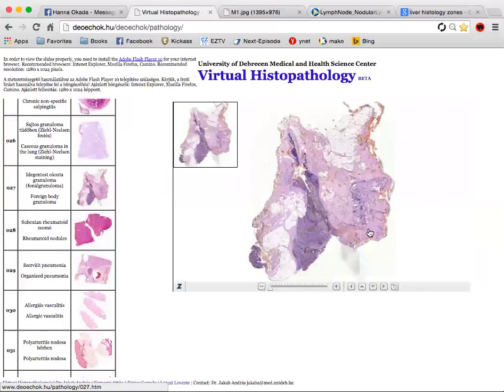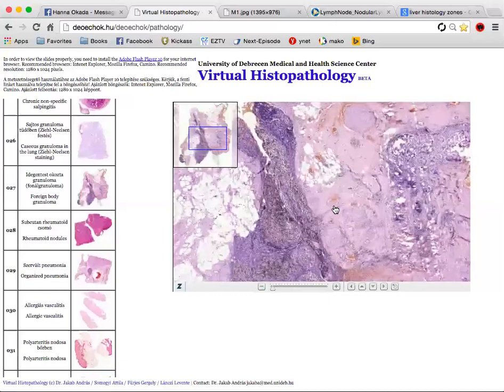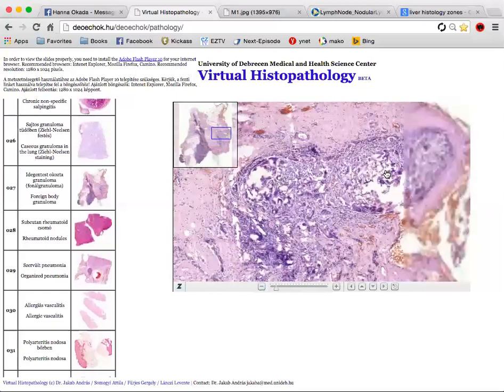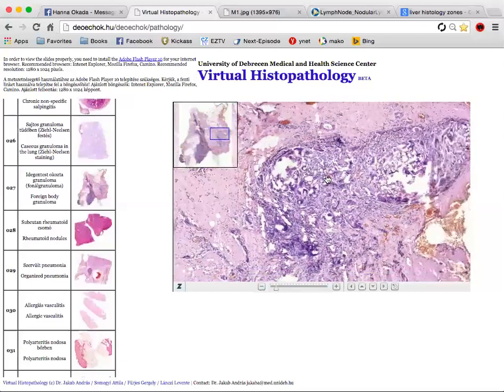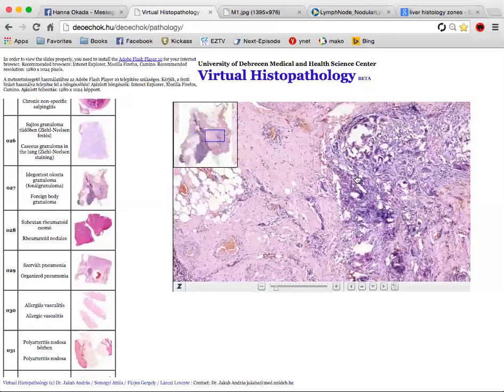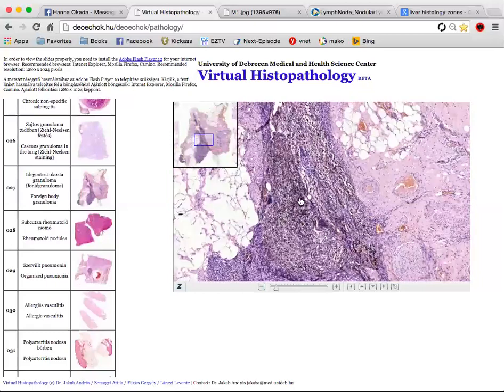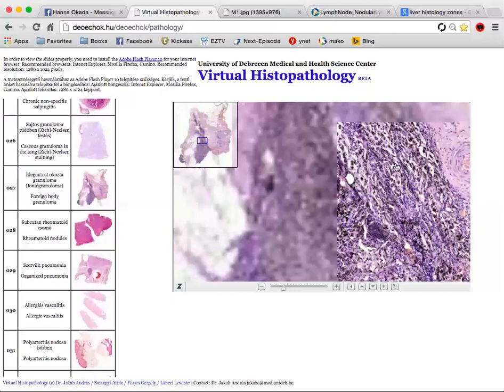So you don't see really nice layering of skin here, but this would have been the hypodermis, and that pinkish part would have been the dermis, and all this darker staining purple part would have been the epidermis. And you see all this black pigment here.